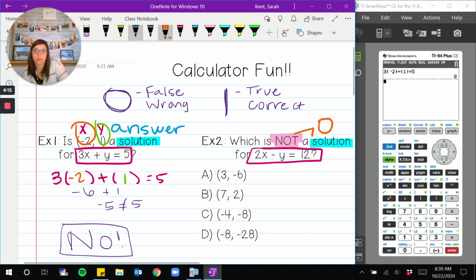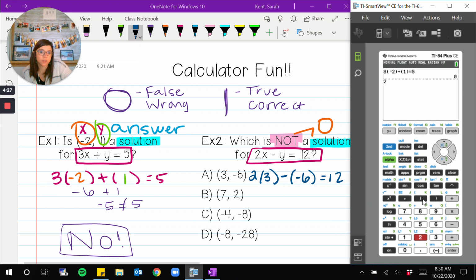So I can start with the first one, and here I would do 2, and then instead of x, I'll put 3, minus -6 equals 12. So here I'll do 2 times 3 minus -6, and then again I'll press second math to get the equal sign and type in 12.